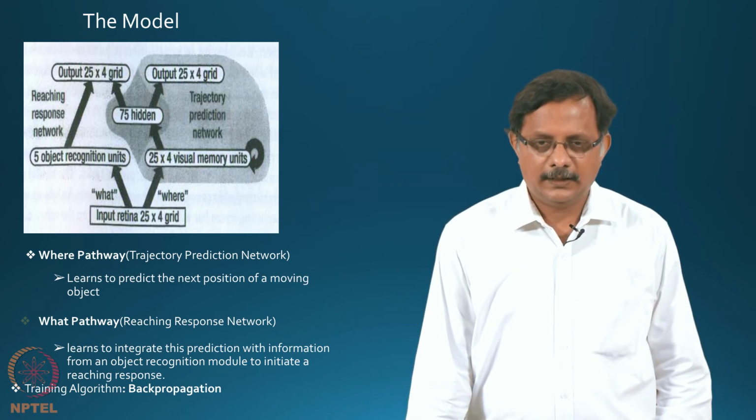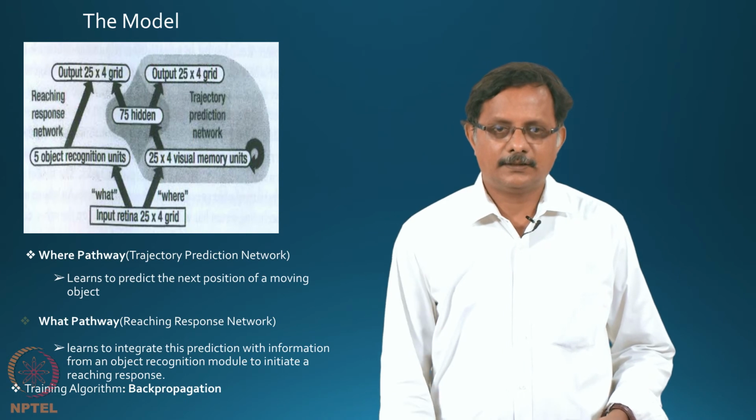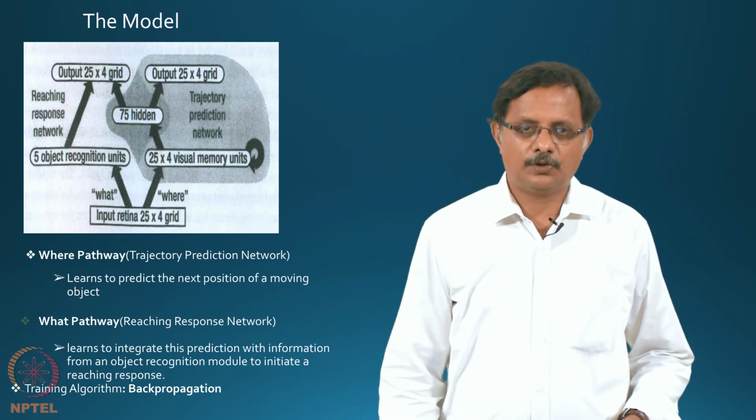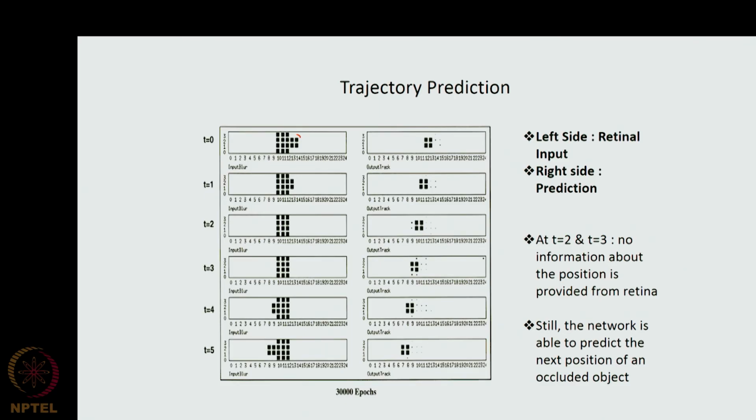The output on the right is trained to predict the next position of the input object. In this image, this little square of size 2/2 is the object, and this bigger rectangle of size 3/4 is the occluding screen.